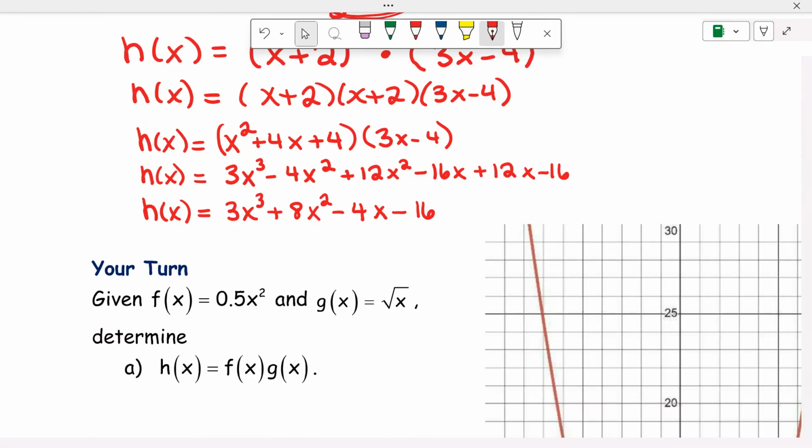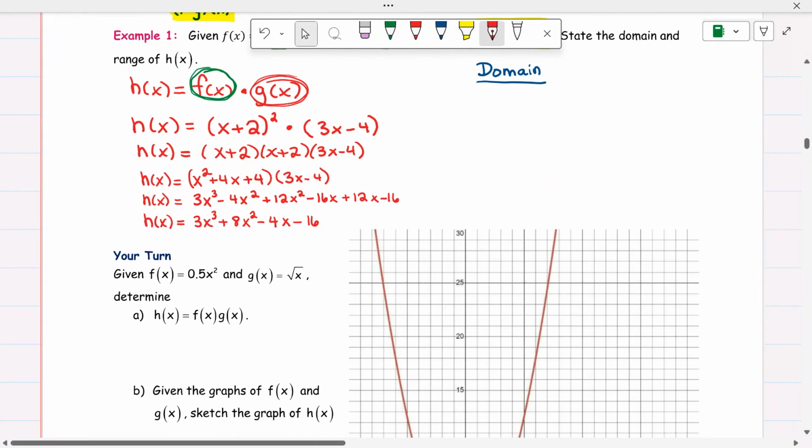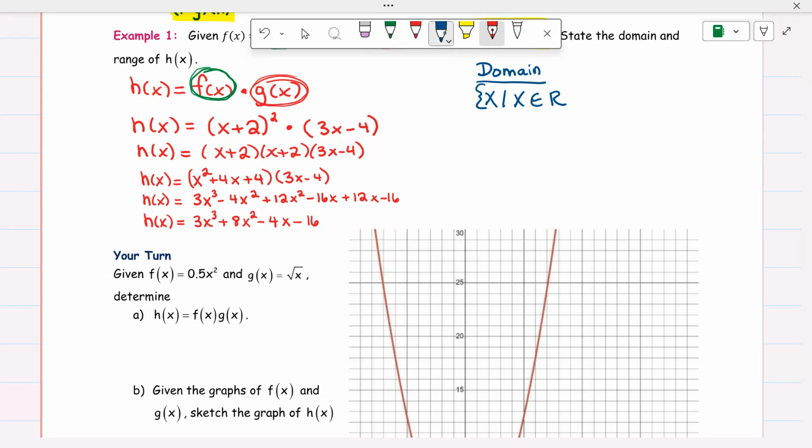So this one has a positive leading coefficient. So one end is going to be in quadrant 1, and the other end is going to be in quadrant 3. Okay. But again, if you forget, you would put this on your calculator, and you see that it goes forever left, and it goes forever right. There's no restrictions on x. Any real number can go into the function. So then, you know there's no restrictions on x.